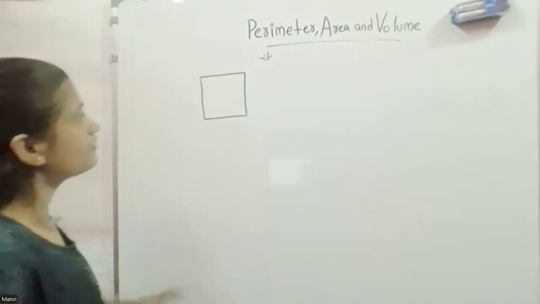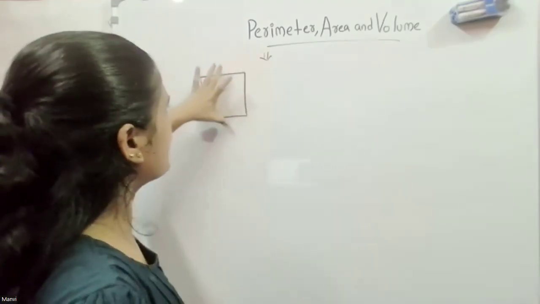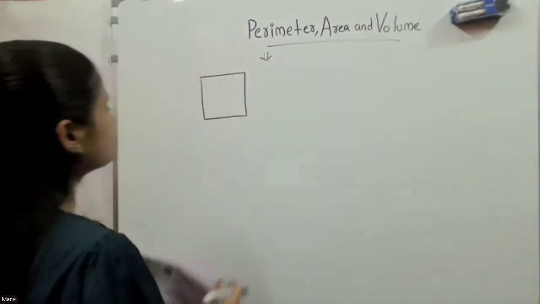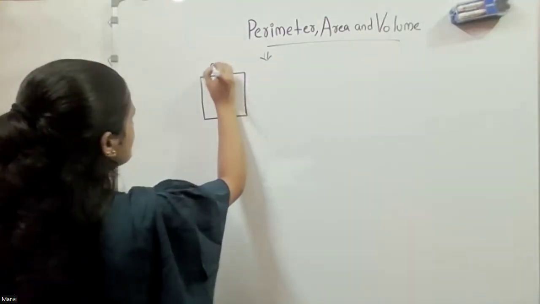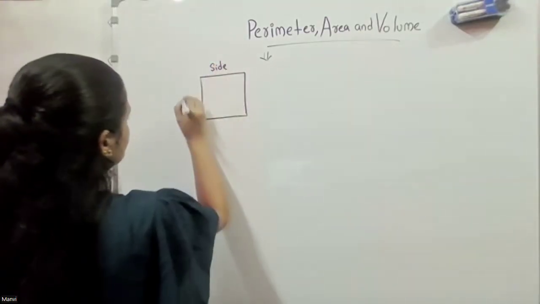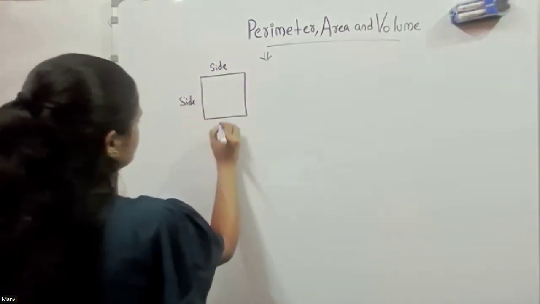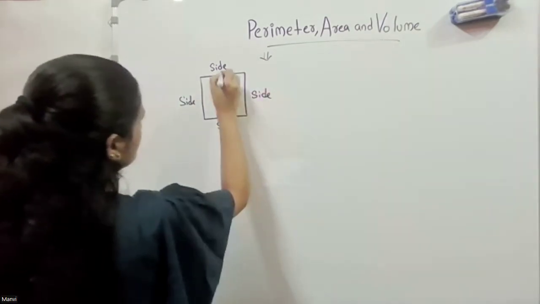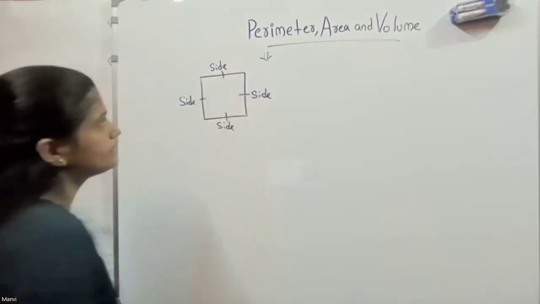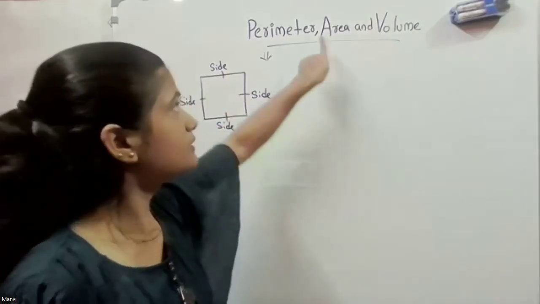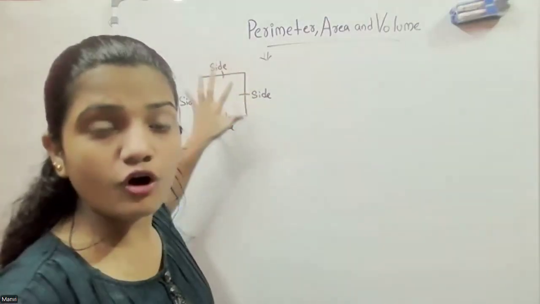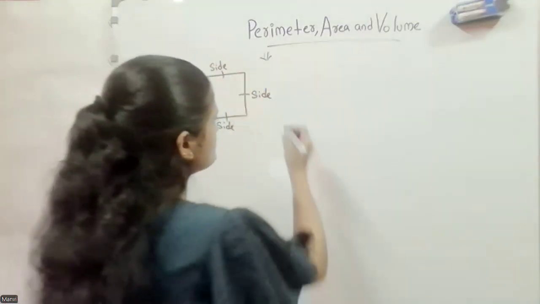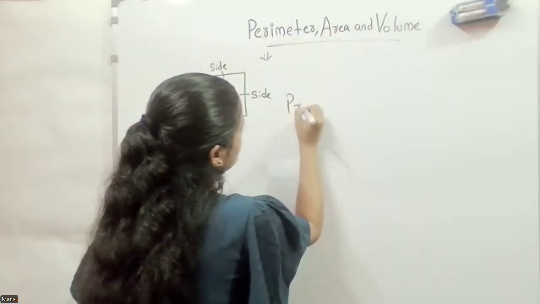So, if we want to calculate the perimeter of this square, we know that all sides are equal. We can say this is one side, this is second, the third one, and fourth. They all are equal. And perimeter means sum of all sides, which means we can write it this way.